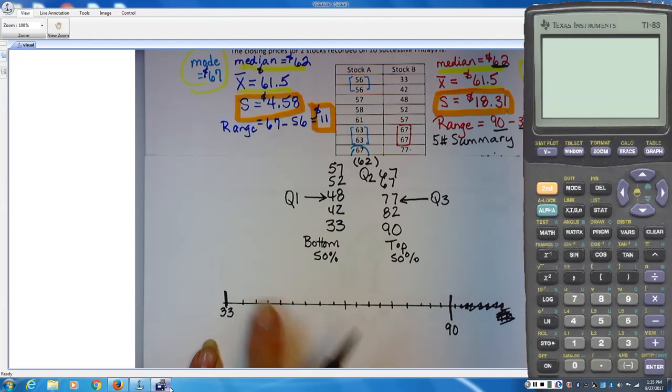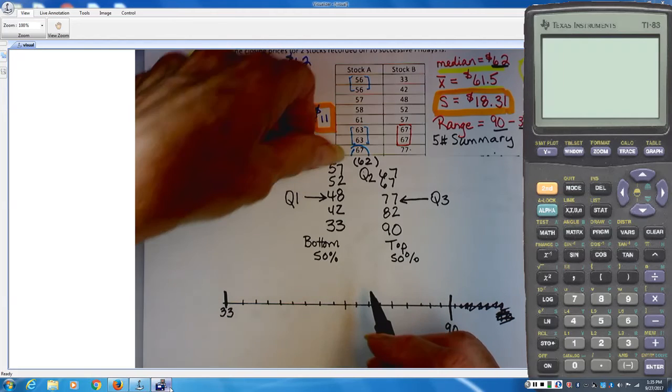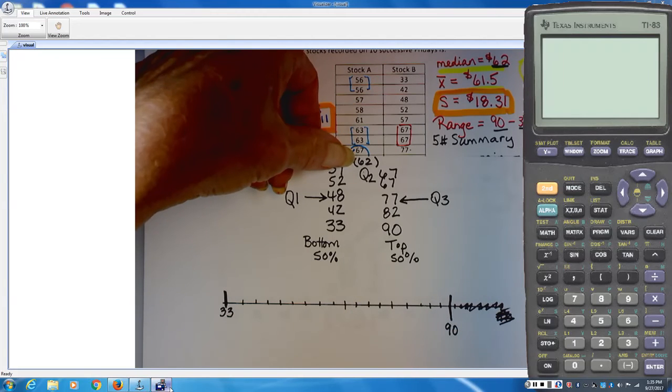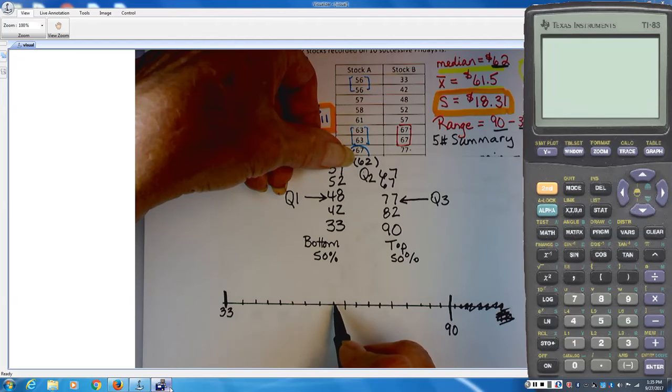Now it's important that this be scaled because you've got to keep this even. So then the other number I'm going to put on here is 62. That will be 33 plus 29, so there's 3, 6, 9, 12, 15, 18, 21, 24, 27, 28, 29.